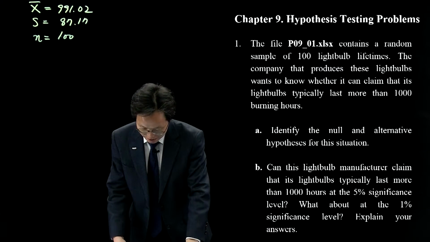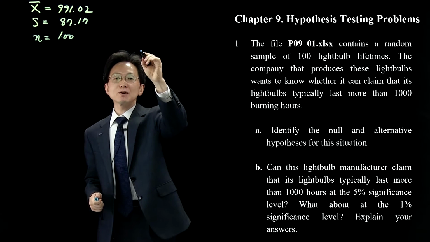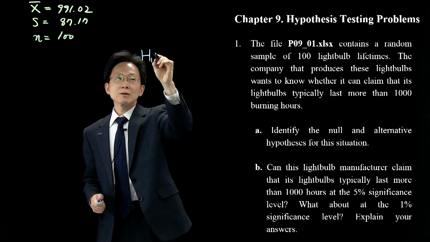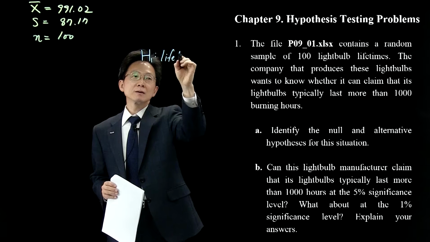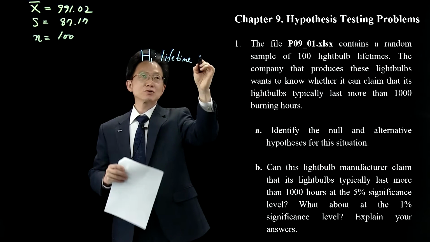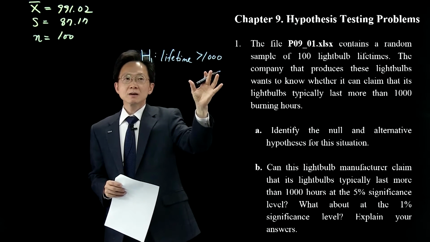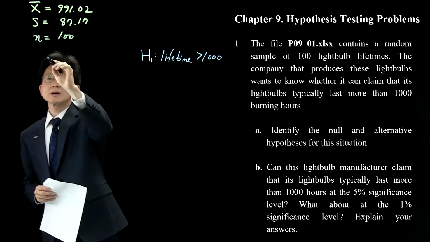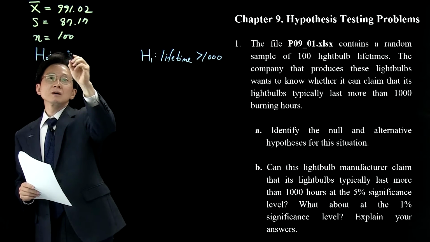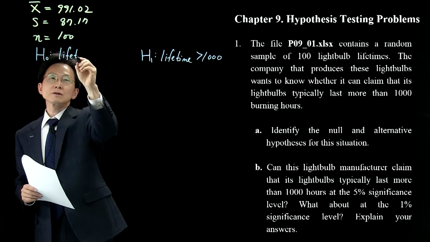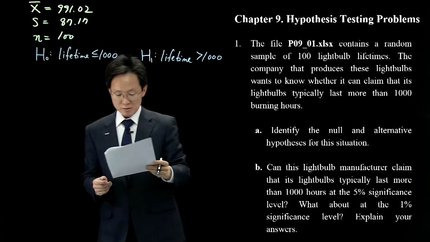So the alternative hypothesis should be this: the lifetime of your light bulb is actually longer than 1,000 hours. That's the alternative hypothesis. And the null hypothesis is no, the lifetime is less than or equal to 1,000 hours.